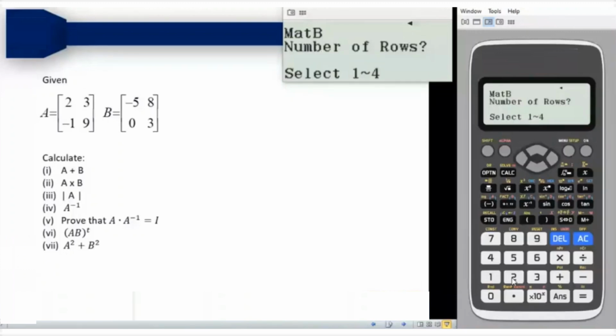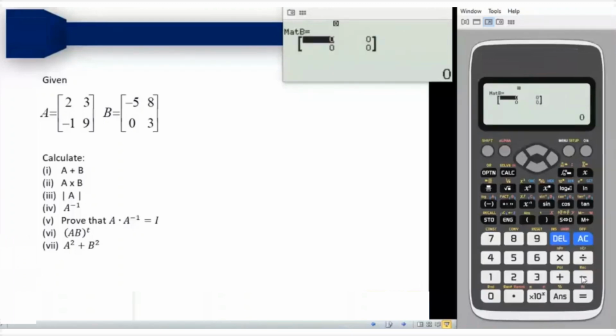This matrix has 2 rows and 2 columns, so another 2 by 2 matrix is in front of me. Now I will fill in this matrix. Minus 5 equals, 8 equals, 0 equals, 3 equals. Minus 5, 8, 0, 3. So I have defined matrix A and matrix B.